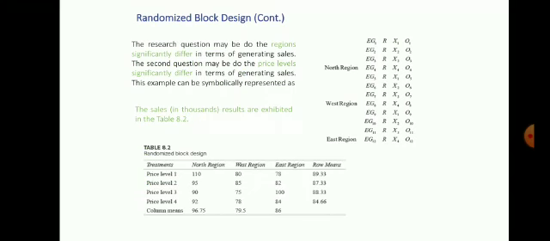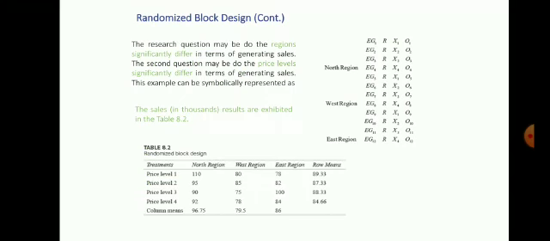Two research hypotheses are framed based on the randomized block design, considering the example. Number 1, whether the sales generated differ from one region to another region. So here for the purpose of the study, north, west, east and south, four regions are taken, and the price levels against the regions were tested.